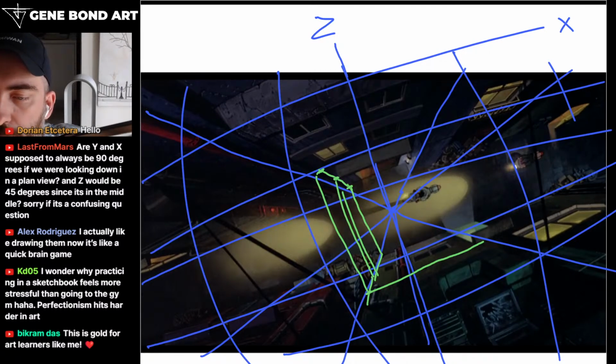I can draw a guy here, compared to this floor height, so let's say a guy this size, right? So I can now transfer him around too, knowing this ratio of him compared to this.